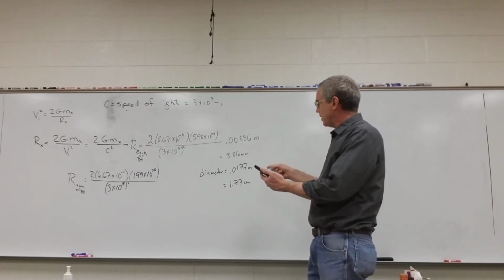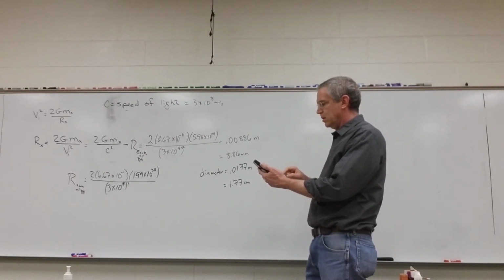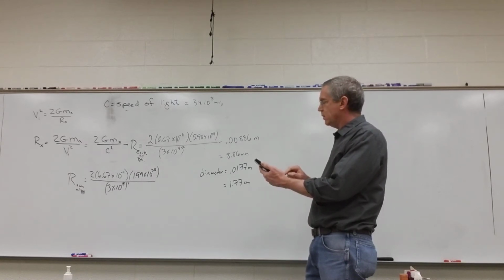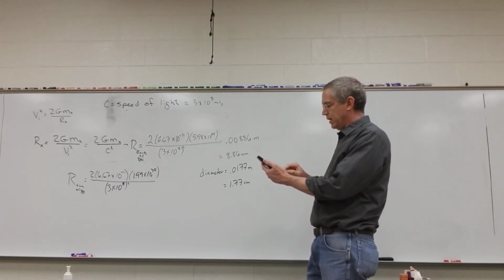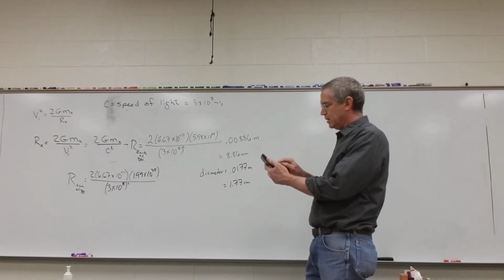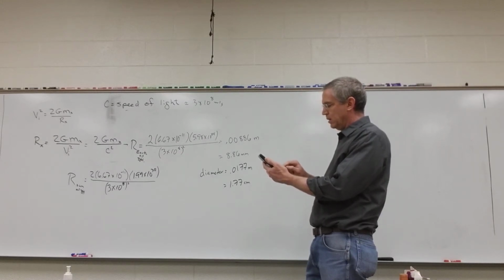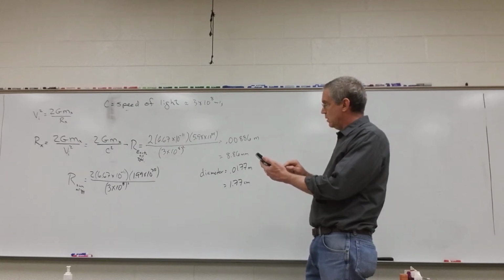So I should just be able to take that number, and then divide by 5.98 times 10 to the 24th, and then multiply by 1.99 times 10 to the 30th.